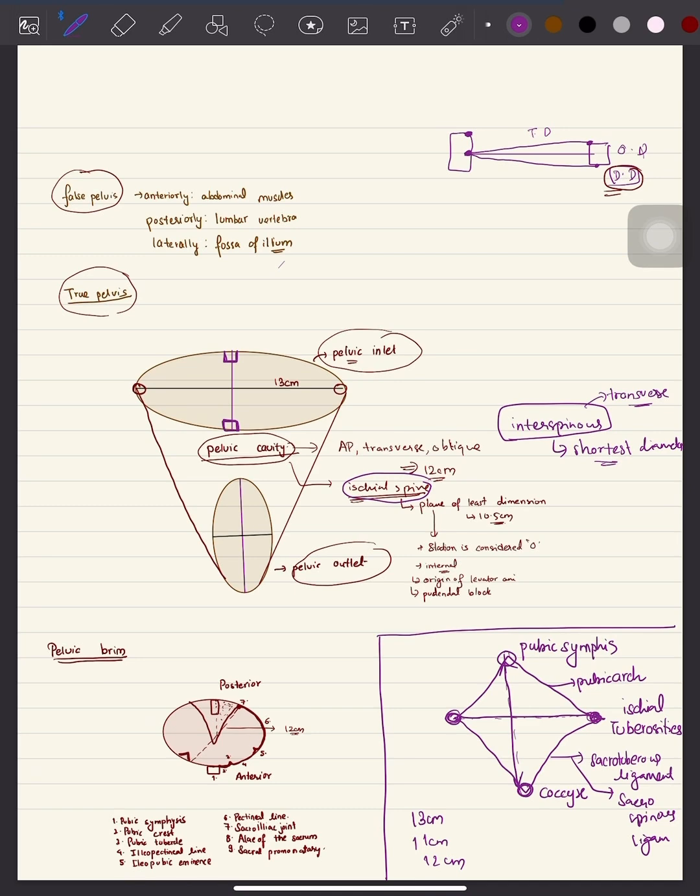If we can touch them, it is said to be a contracted pelvis again. So we talked about two conditions in which a contracted pelvis is identified. One is if the interspinous diameter is not enough, and another is if the obstetric AP diameter is less than 10 centimeter. So I think that brings us to the end. Thank you.